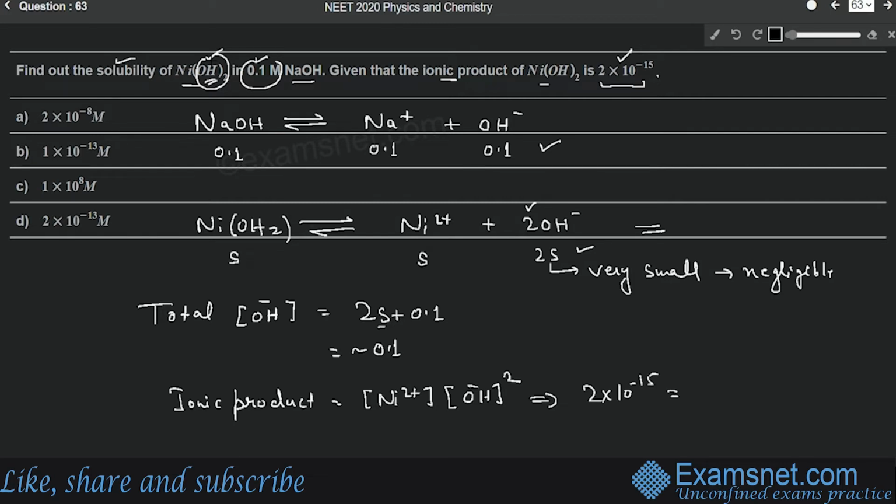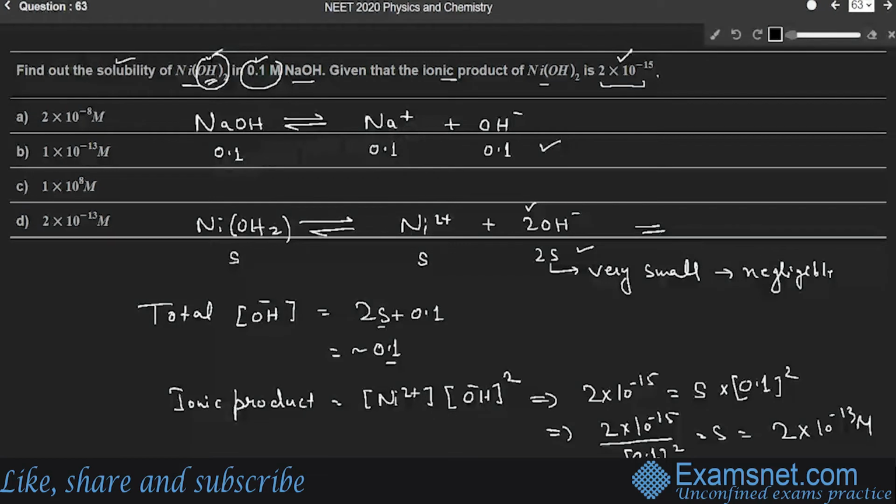The concentration of Ni2+ we have assumed is S, and the concentration of OH- is 0.1, so 0.1 to the power 2. So we can find the value of S as 2 into 10 to the power minus 15 divided by 0.1 square. Here we'll get 2 into 10 to the power minus 13 molar. So which option will be correct? Option D will be the correct answer.